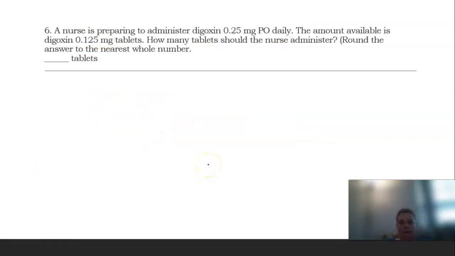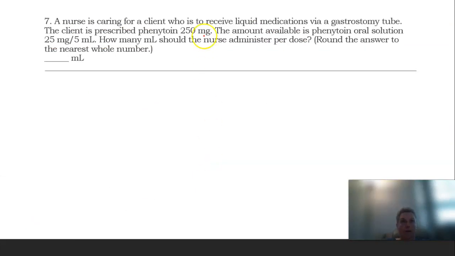All right, here we go. We've got a nurse caring for a client who is receiving liquid meds. Oh, I bet this is going to say milliliters. Of course it did, because it just told me it was a liquid med. I'm not expecting it to be a tablet.